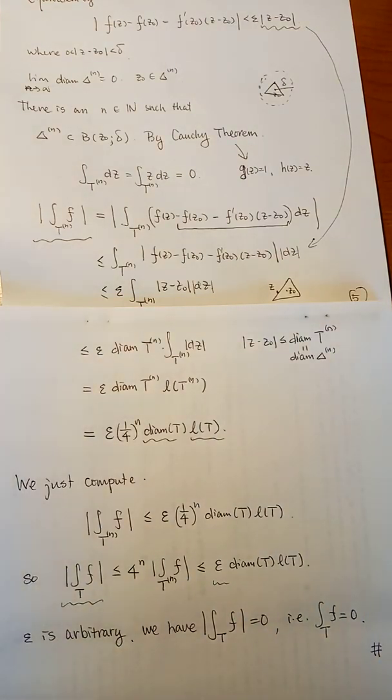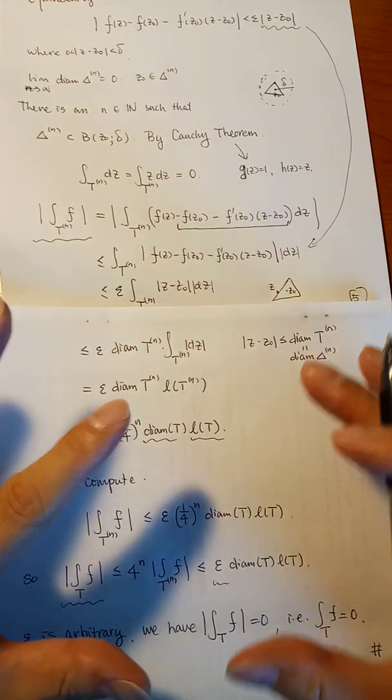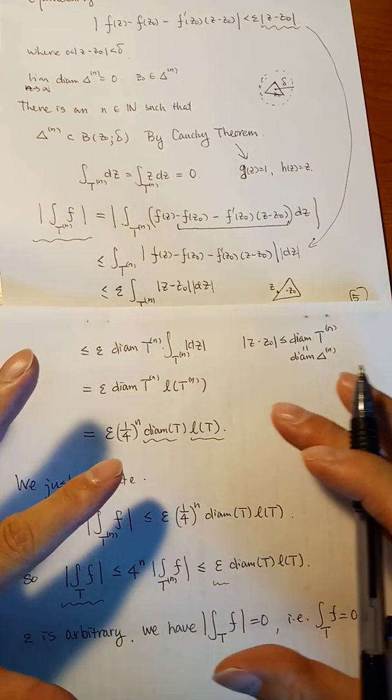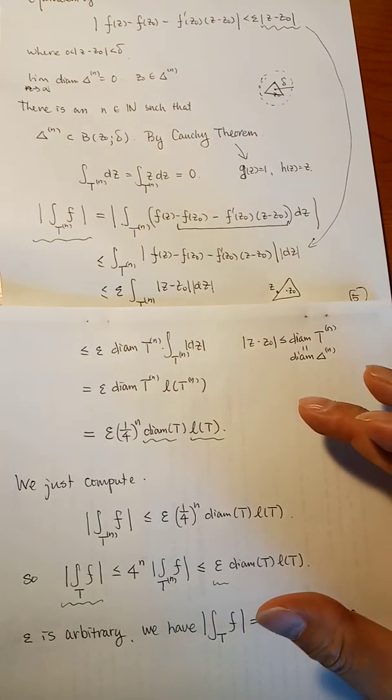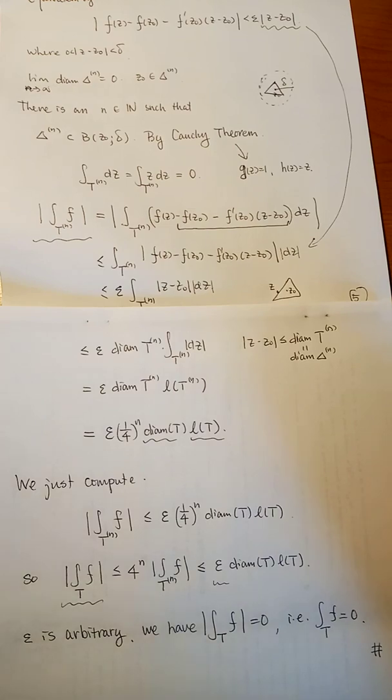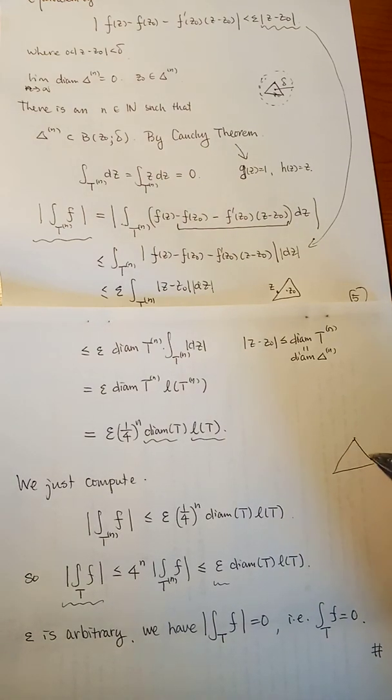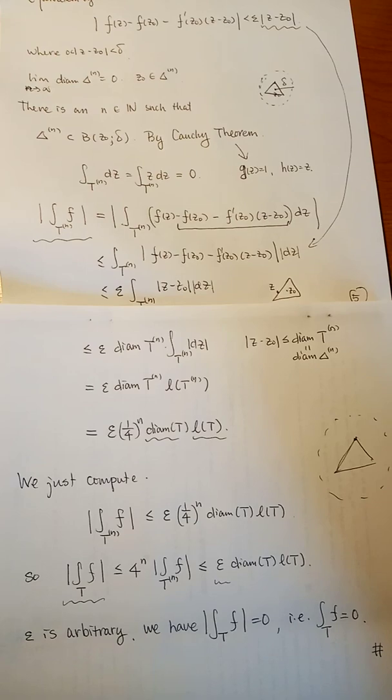In the whole proof, technically we don't really use that the domain is an open disk. The only property we use is that whenever I have a triangle, the triangle region is totally inside this domain. So whenever you draw a triangle with three points inside the region, that's the property we use.